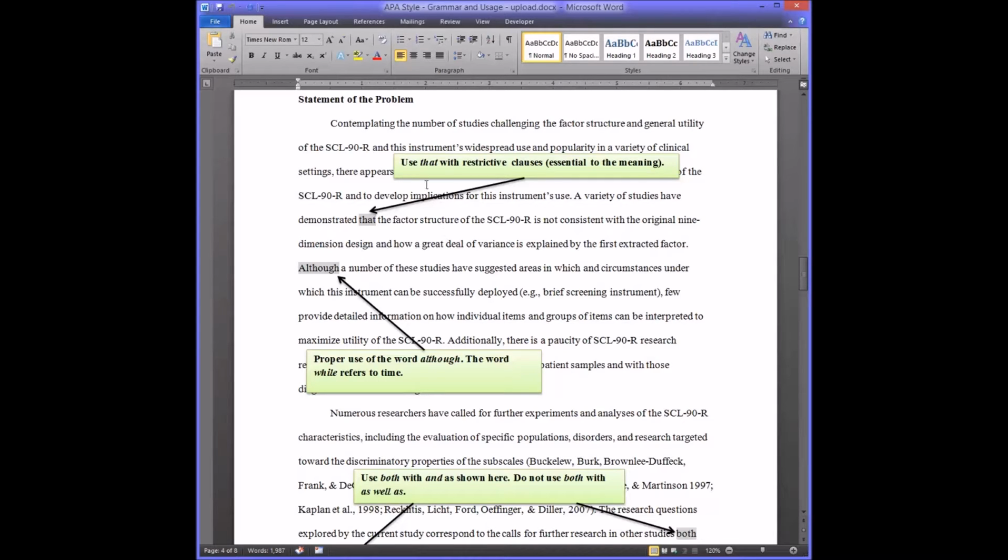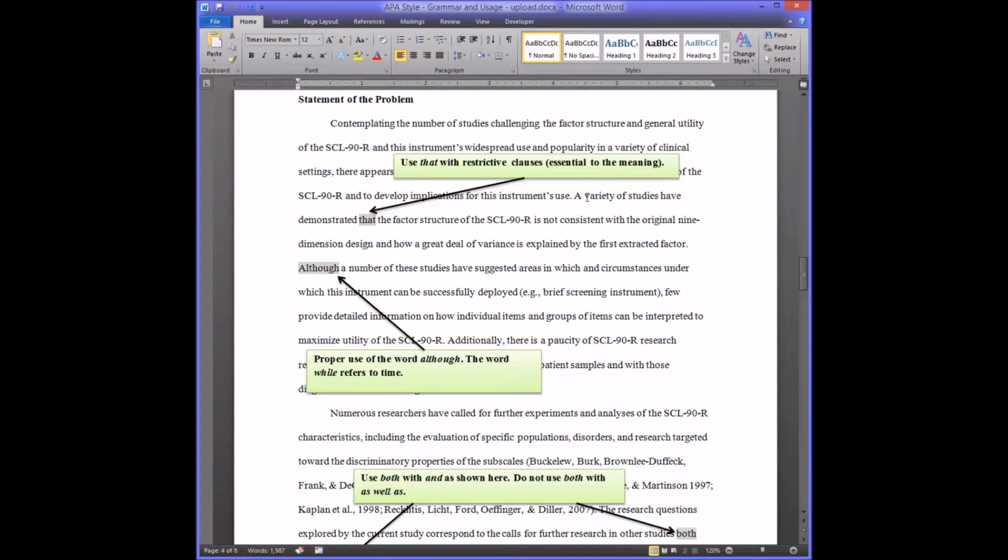So we see here we have the word that. The word that should be used with restrictive clauses. And what that means is a clause is essential to the meaning of the sentence.